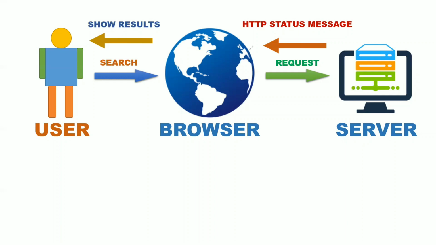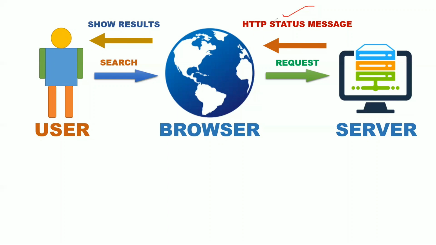So what is this HTTP status message? There are several types of HTTP status messages, and you guys have already seen them. Suppose you're just typing an address, or you just search anything, and suppose there is an error, that is 404 error.